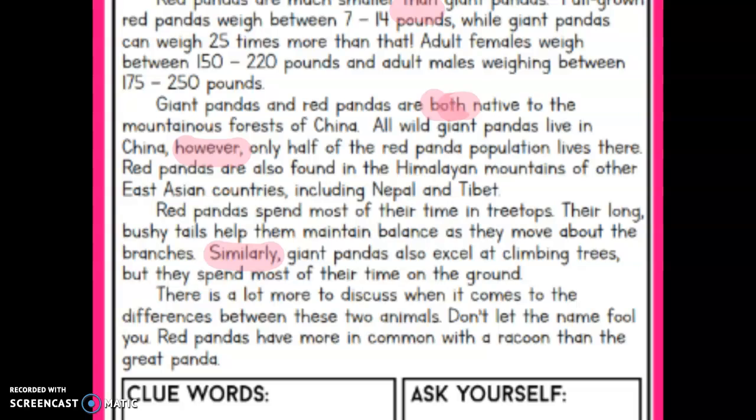Similarly, giant pandas also excel at climbing trees, but they spend most of their time on the ground. There is a lot more to discuss when it comes to the differences between these two animals. Don't let the name fool you. Red pandas have more in common with a raccoon than the giant panda.